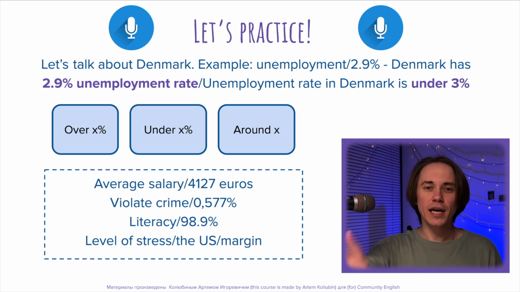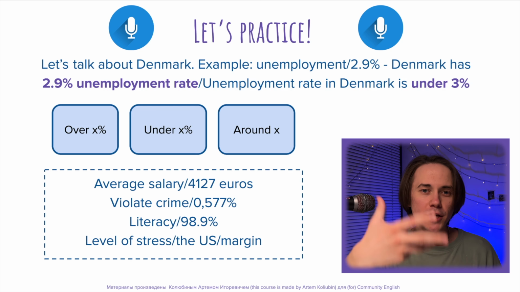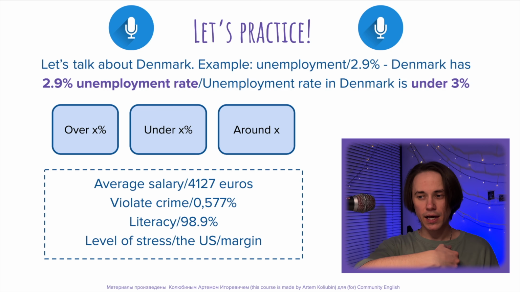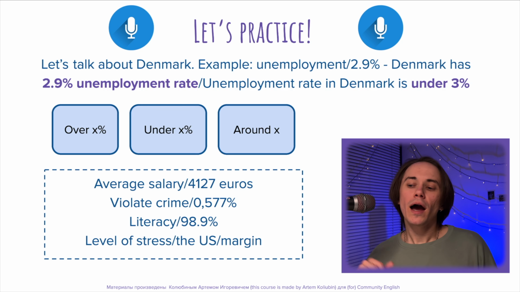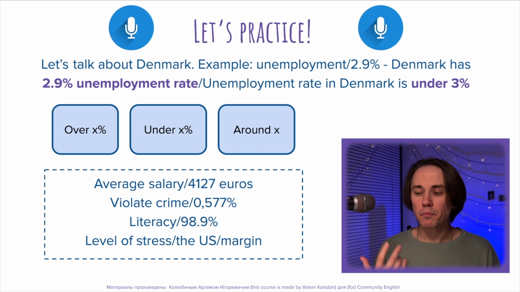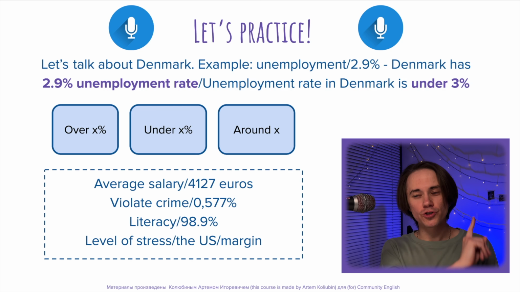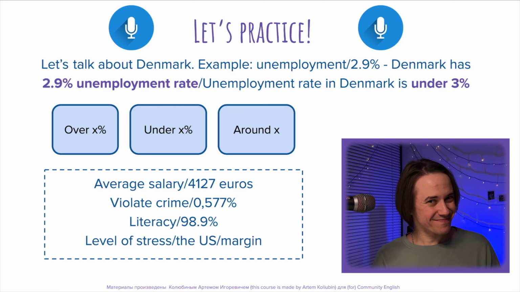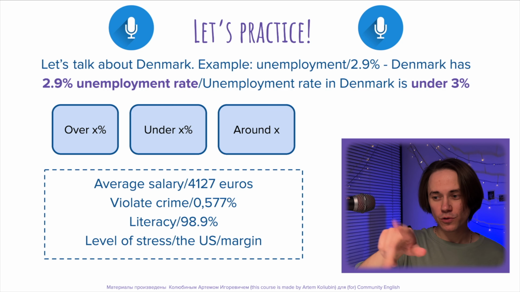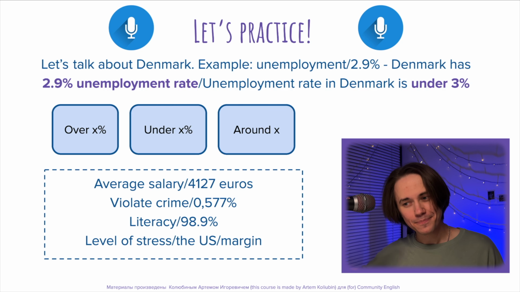First things first, again, you pause the video, you say it yourself, then you listen to me saying that. Okay, so average salary in Denmark is around 4,200 euros. I can do that. Around, and then I use 4,200.